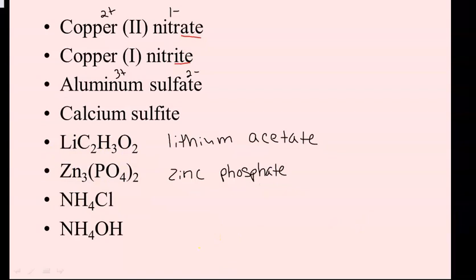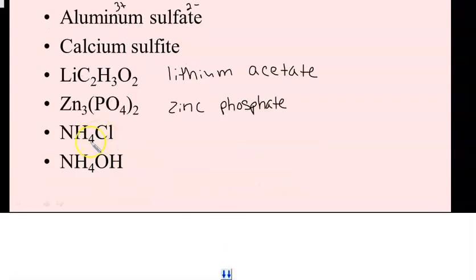All right. So I wanted to do this guy because, for those of you who are going to take a lab, it is a poly that we're going to use in the lab. And it's the only cation. There are other cations, but it's the only cation that I'm making you learn. And that is ammonium. It is a positive 1 charge. It doesn't have parentheses because it's a 1 and a 1 there.